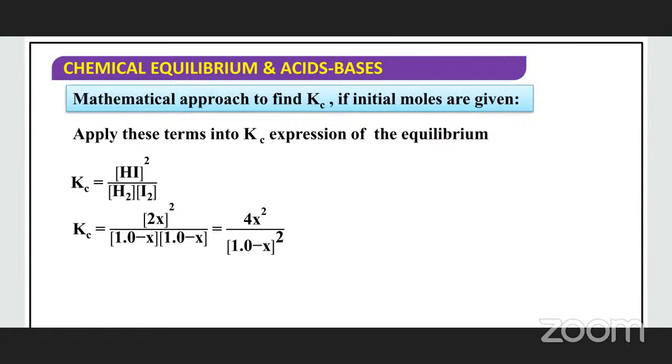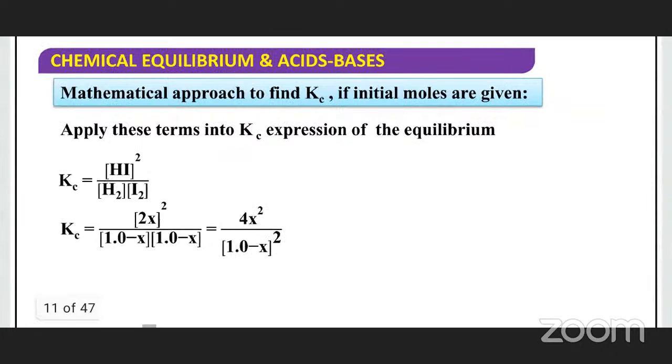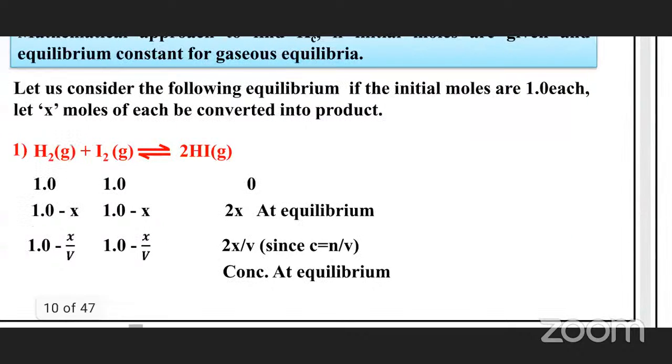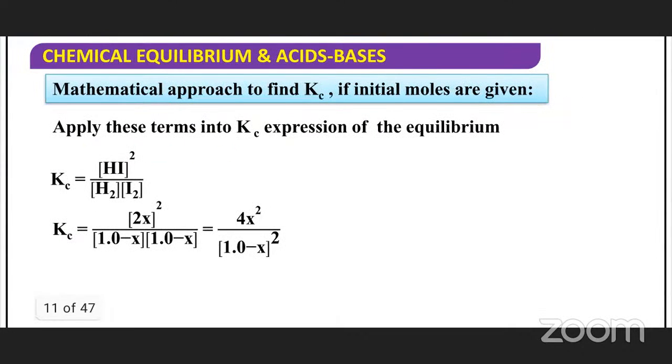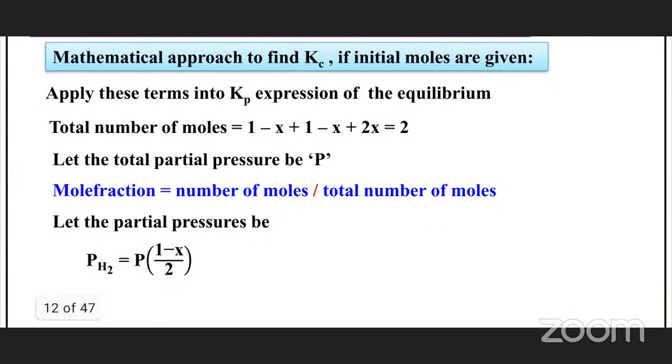Kc is equal to product molar concentration by reactant molar concentration, so Kc is equal to (2x) whole square by (1 minus x) into (1 minus x). Therefore, Kc is equal to 4x square by (1 minus x) whole square. This is Kc.